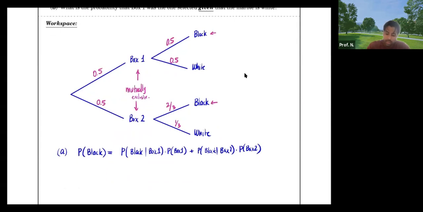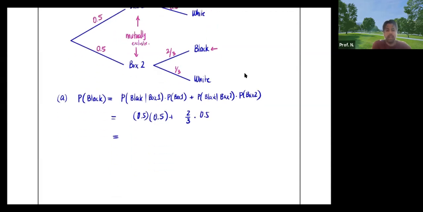So then we put the probabilities together. The probability of black given box 1 is 0.5, multiplied by the probability of getting box 1, 0.5, plus the probability that the marble is black given it's box 2, that's 2/3, multiplied by the probability that it's box 2, that's 0.5.